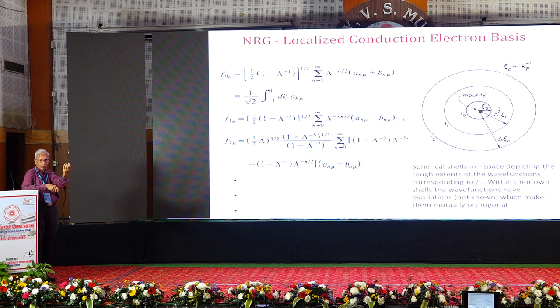It tunnels into a local state. But that localized state is not an eigenstate of the conduction electron Hamiltonian, because the conduction electron wants to propagate. So that localized state tunnels, or hops, to another localized state which is slightly more extended. And that state tunnels to another state which is even more extended, and so on. So that's the way you bring back the fact that the conduction electrons like to propagate through the sample. So that leads to this Hamiltonian.